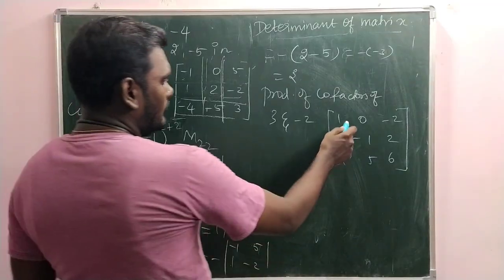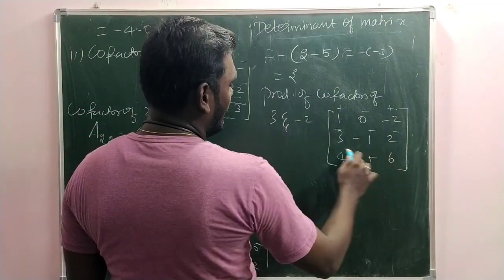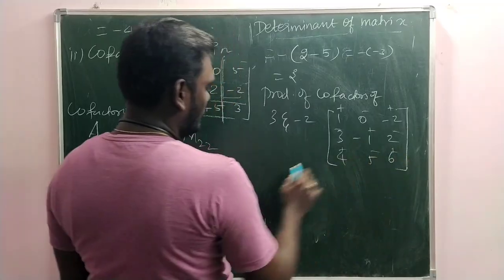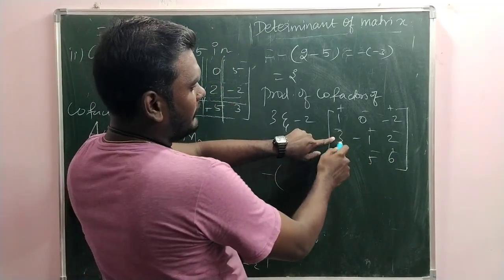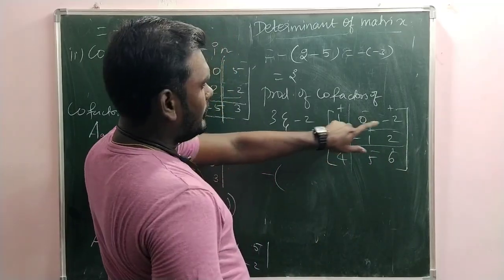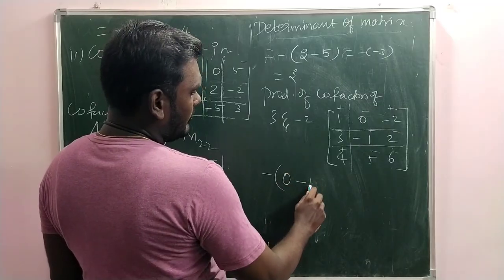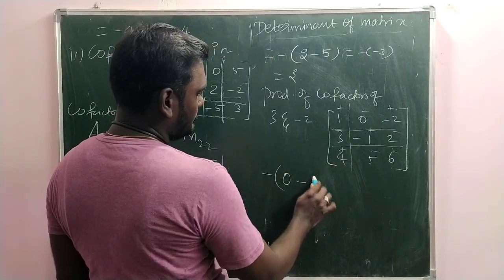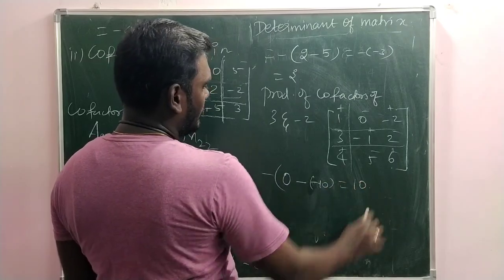So for 3, see this is simple: positive, negative, positive, negative, positive, negative, positive, negative, positive. So minus of the minor of 3. Minor of 3 means leaving this row and column. Then this is 0, -2. Like 0 into 6 is 0, minus of minus 10. So we'll be getting plus 10.